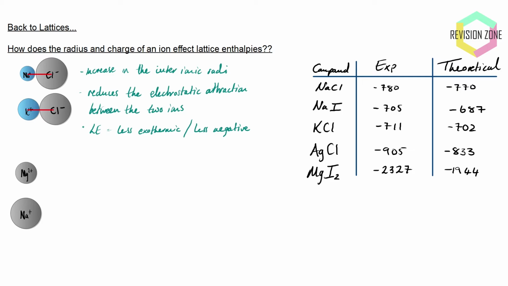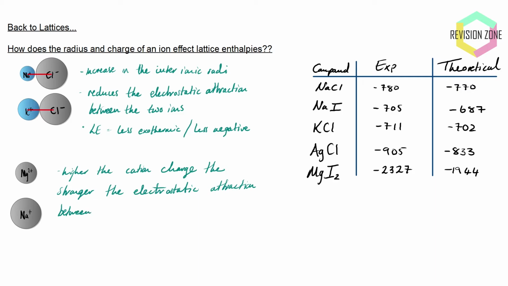So we can make a simple statement here: the higher the cation charge, the stronger the electrostatic attraction between the ions. We can see that from the data on the right hand side.